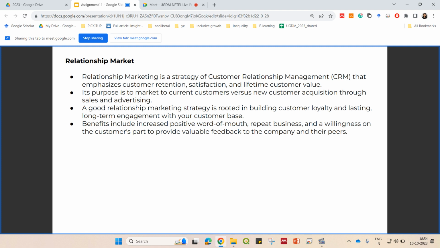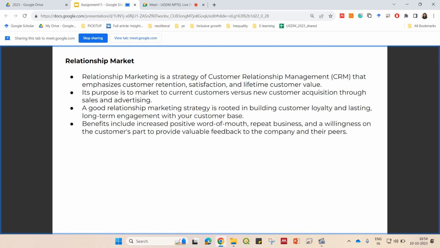The last option in the question was relationship marketing. Relationship marketing is a strategy for customer relationship management that emphasizes customer retention, satisfaction, and lifetime customer value. Its purpose is to market to current customers versus new customer acquisition through either sales or advertising.